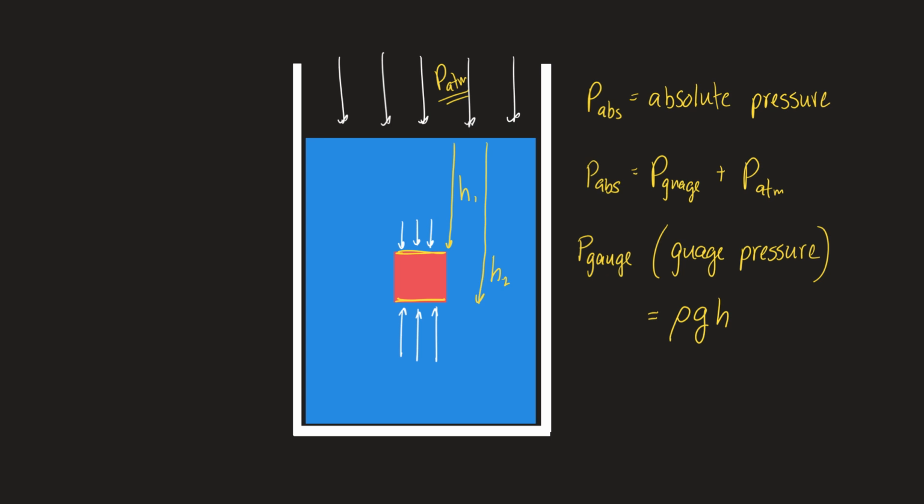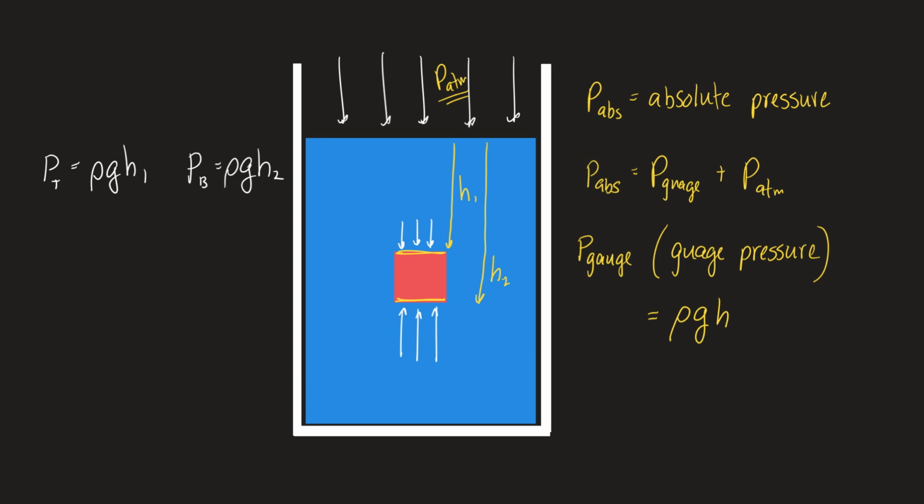So, the pressure at the top would be rho g h1. And the pressure at the bottom would be rho g h2. Make sense so far?